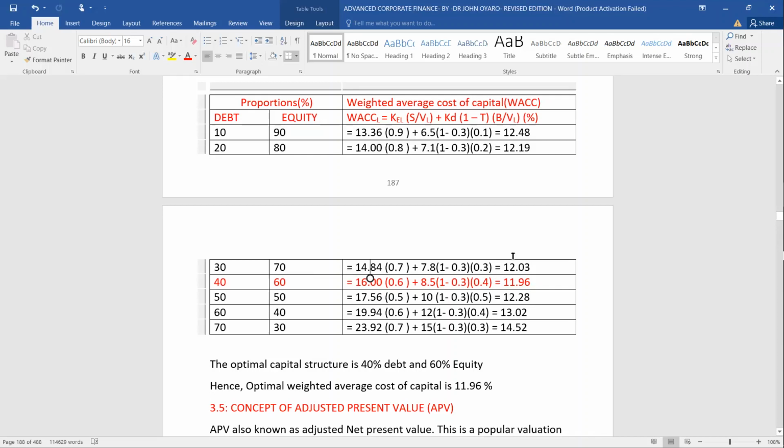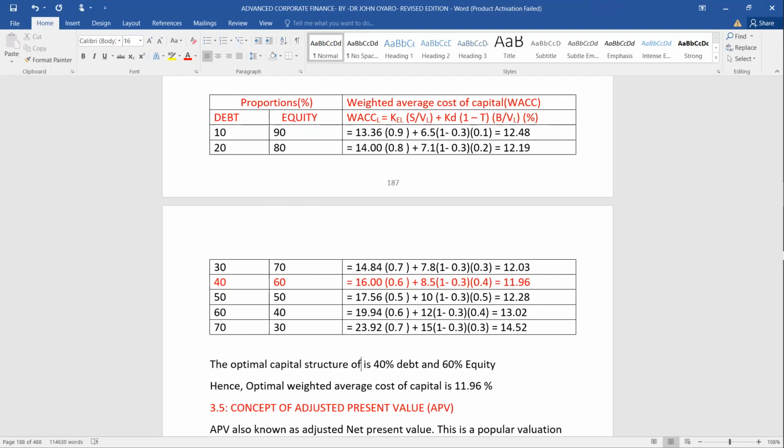So the optimal capital structure. The optimal weighted average cost of capital is 11.96, the smaller one, and therefore I think it should come first.